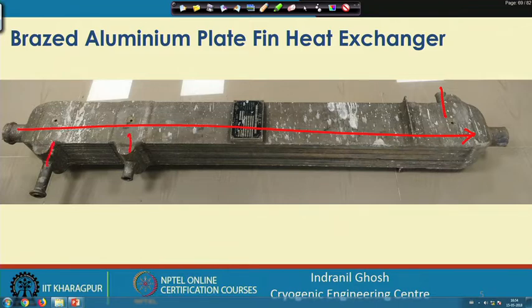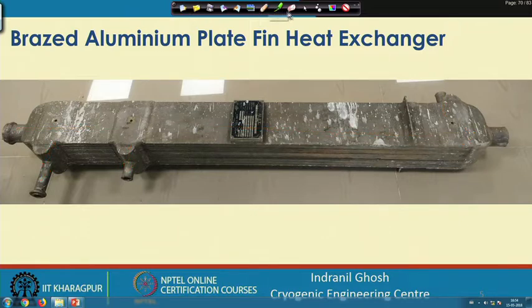It has two exits, it can come out from this end, it can also come out from this end. So this is another advantage, or you can say a characteristic, of this plate fin type heat exchanger, where multiple exits or intermediate entry and exit are possible.